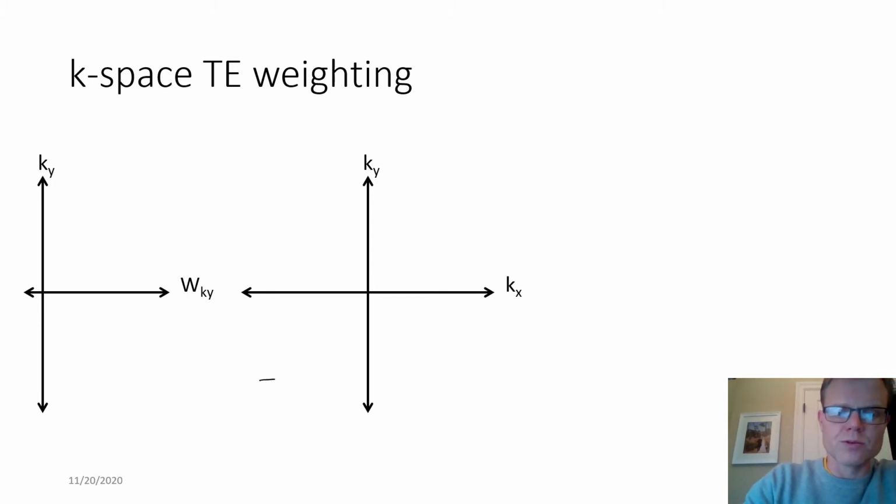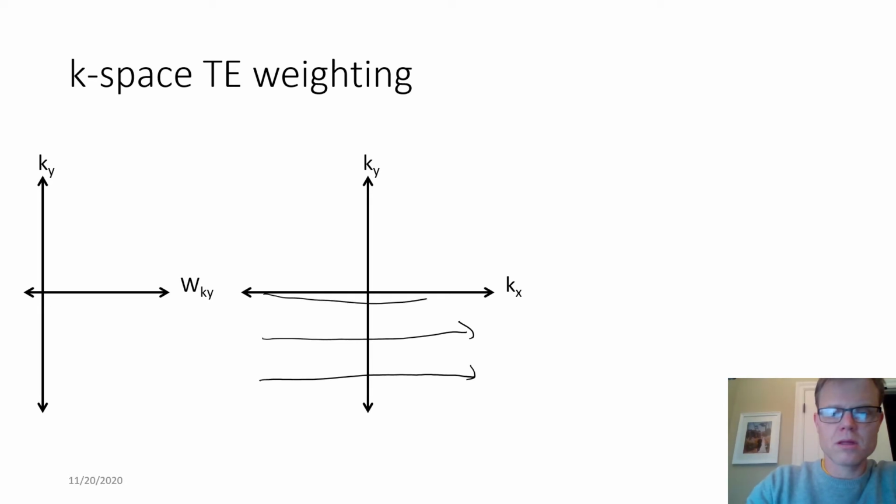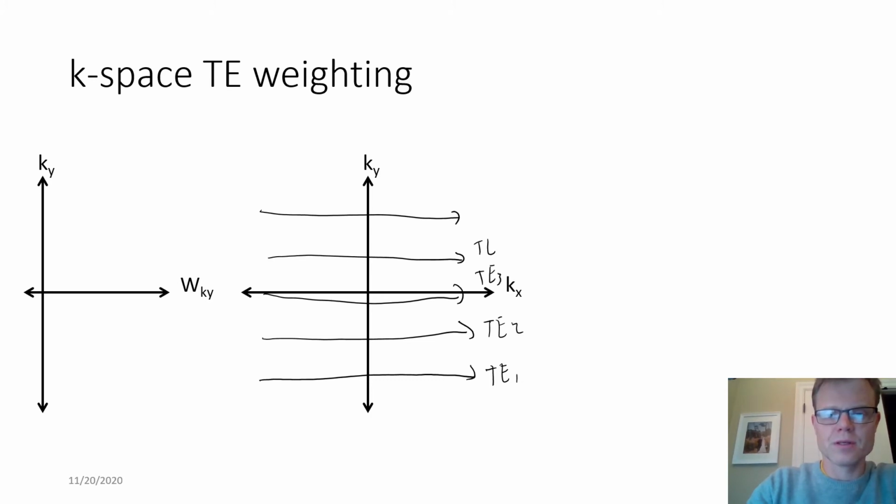Let's redraw this K-space sampling pattern, where here our first spin echo, we're simply ordering our first spin echo to our last spin echo as we moved across K-space.